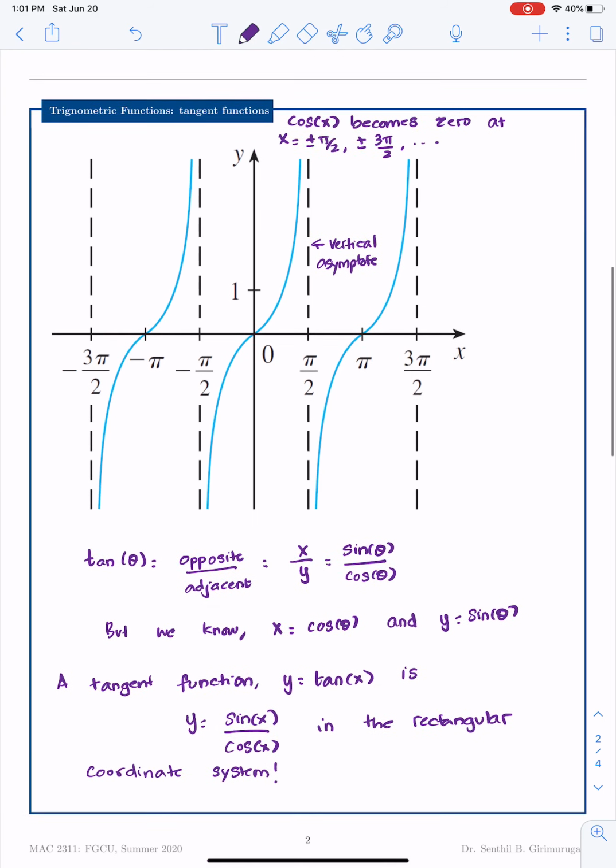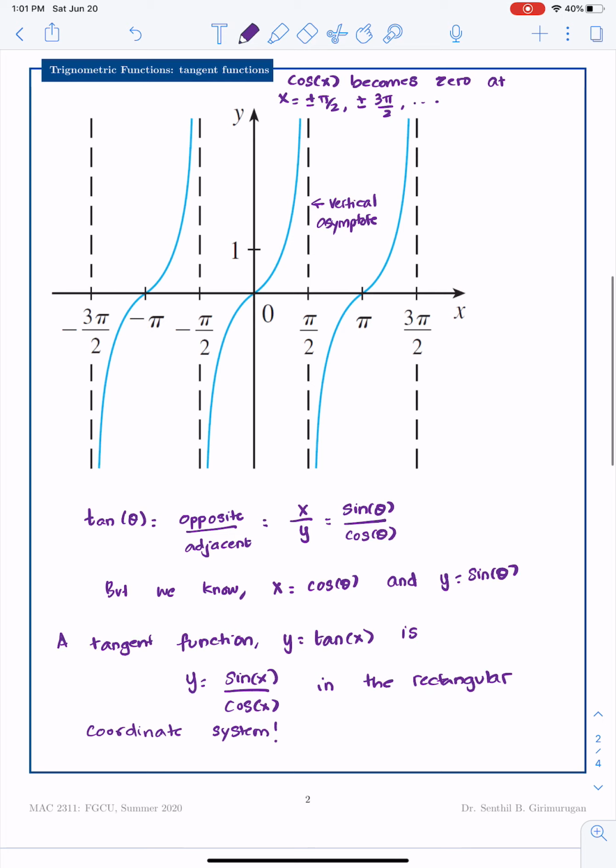That said, if we look at a tangent function, whatever I see between negative pi over 2 and pi over 2, right here, is what I see between pi over 2 and 3 pi over 2, and it is the same that I see between negative 3 pi over 2 and negative pi over 2.